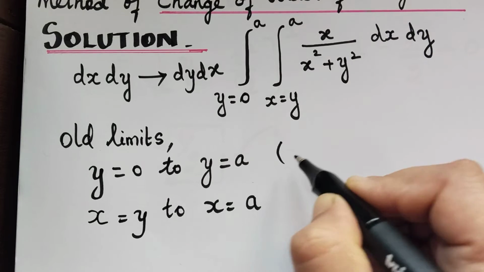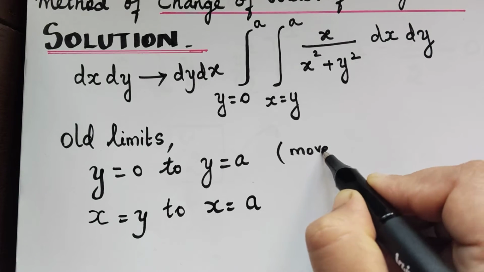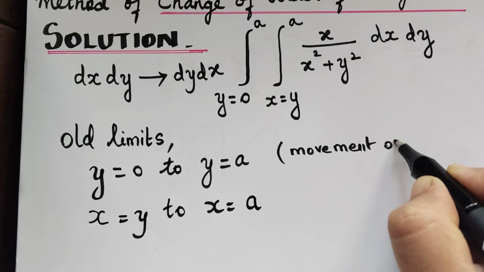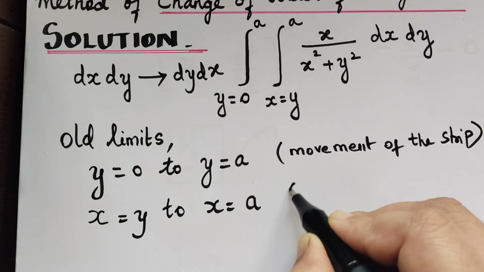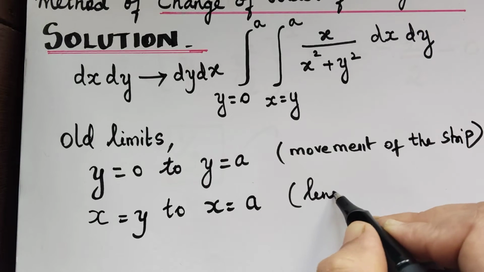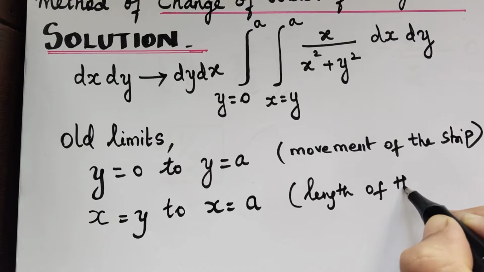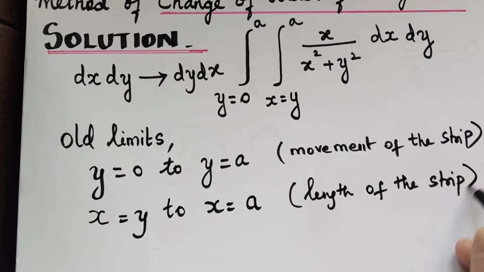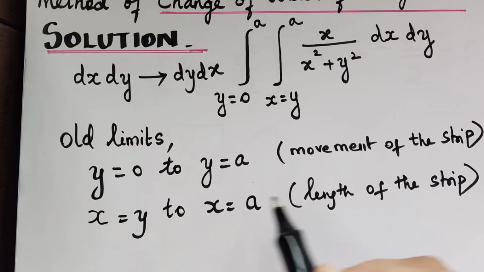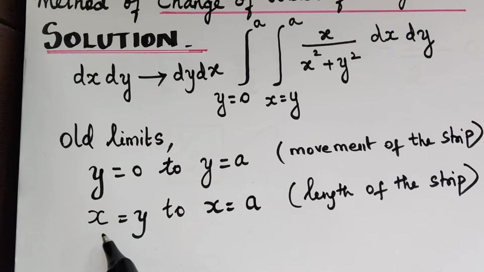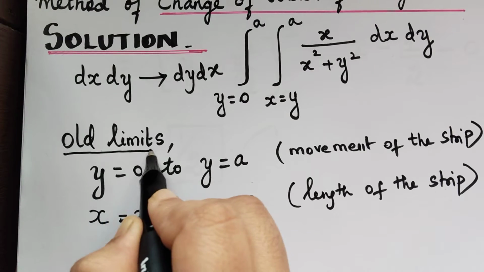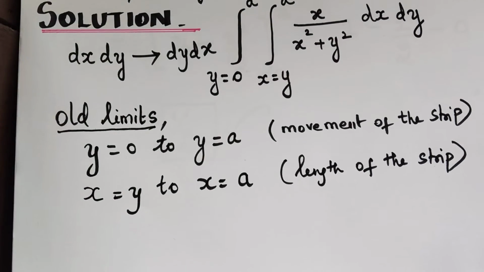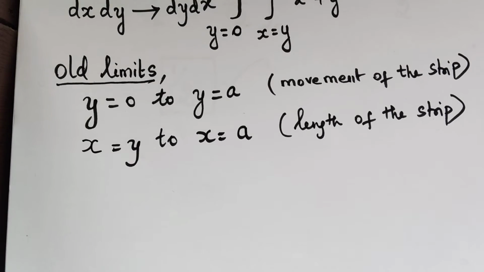We also know that the outer integral gives the movement of the strip for the old limits, and the inner integral gives us the length of the strip. Since it is with respect to x, the length of the strip is for the variable x, so we understand that the strip is drawn parallel to the x-axis for the old limits, whereas now we are going to find the new limits by changing the order of integration.